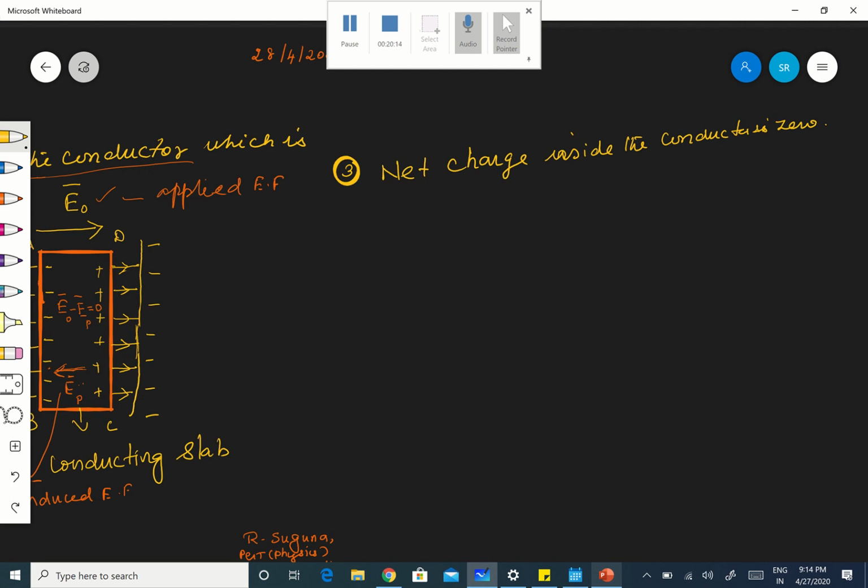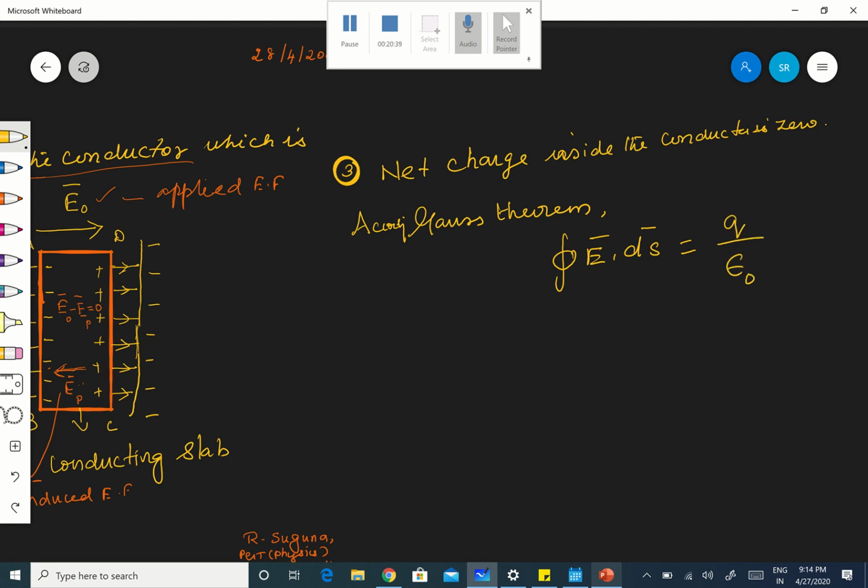How can you say this? You recall your Gauss theorem. According to Gauss theorem, the surface integral of E dot ds over a closed surface is equal to 1 by epsilon naught times the charge enclosed by the surface.